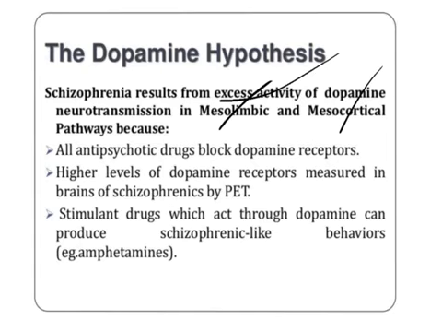Due to that hypothesis, antipsychotic agents were developed which can block the dopamine receptor. Also, a higher level of dopamine receptors is measured in the brains of schizophrenia patients. Stimulation by drugs that act through dopamine can produce schizophrenia-like behavior.